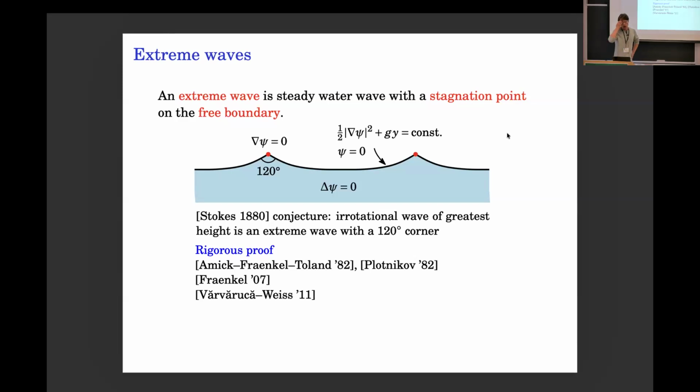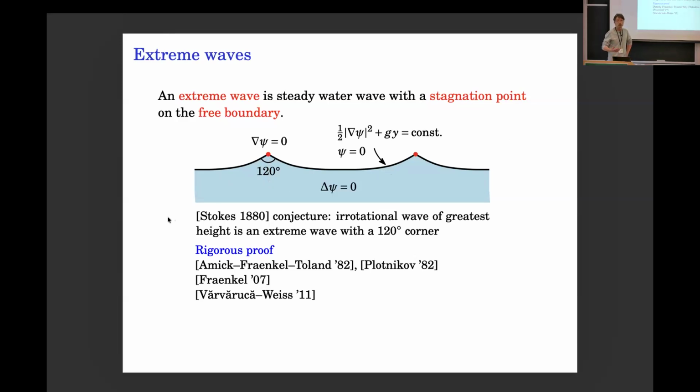It turns out that from some elliptic theory consideration, when one reaches this kind of extreme wave, with this stagnation, the free surface can develop a certain kind of singularity, and this was long observed back in the days of Stokes, 1880.